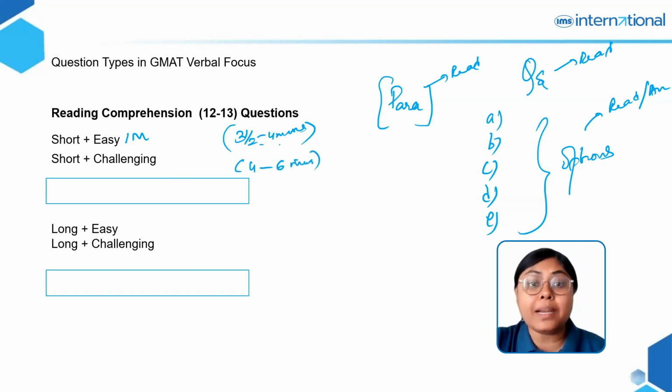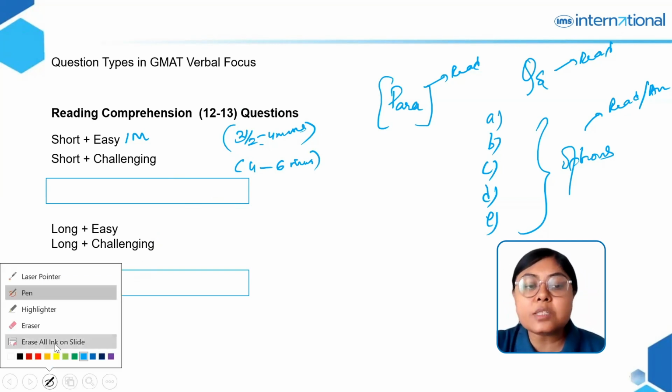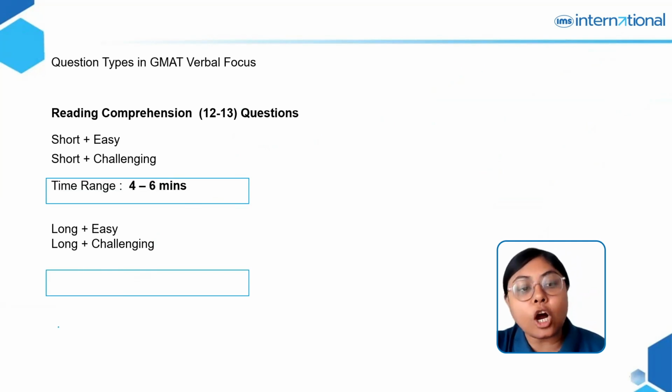It will take time. The timing you are seeing here includes your reading of the para as well as solving of the questions, so it is cumulative. Ideally, a short para can definitely have a range.